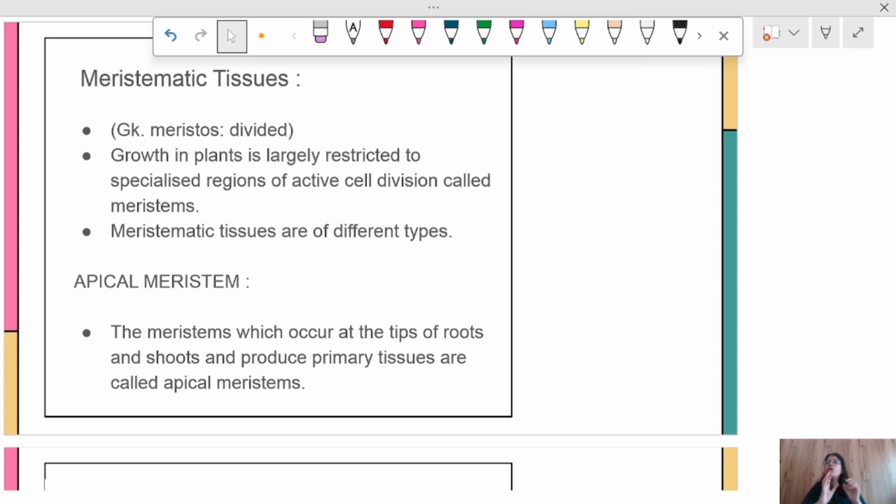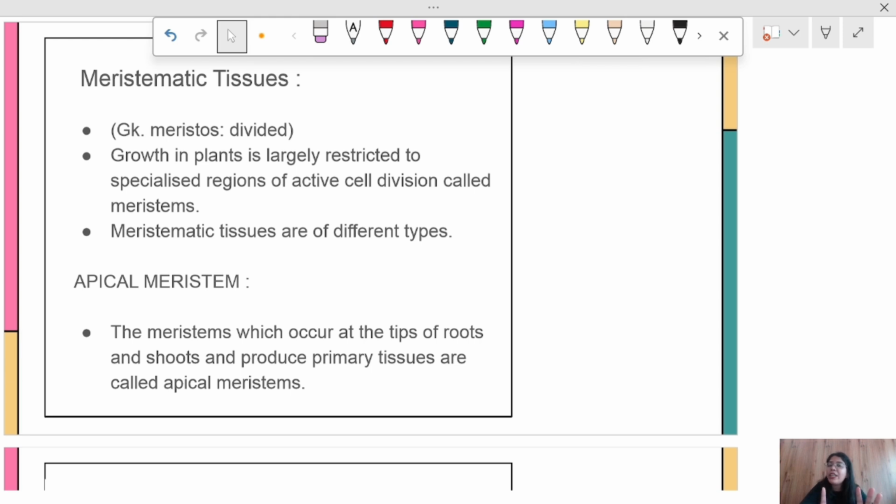Now think about a plant, any kind of plant. Have you seen a plant growing from each and every part of its body, or can every cell of the plant body divide? No, right? In fact, in our body also, we have very few cells which have division capacity. The rest are not able to divide.